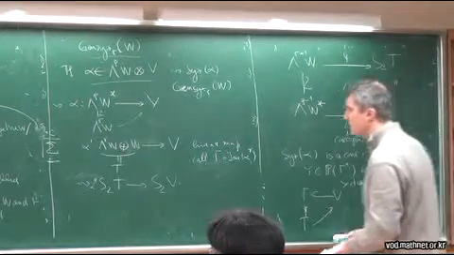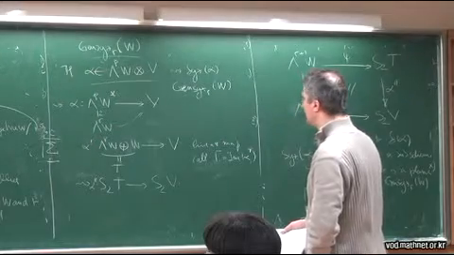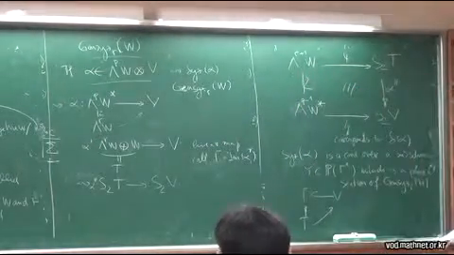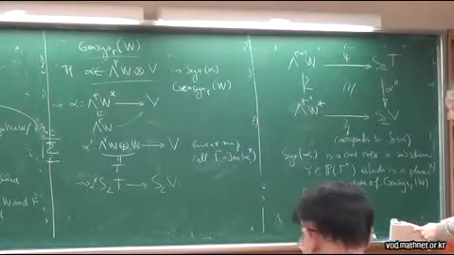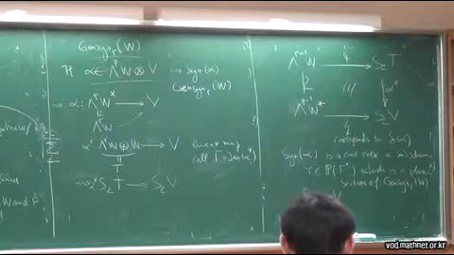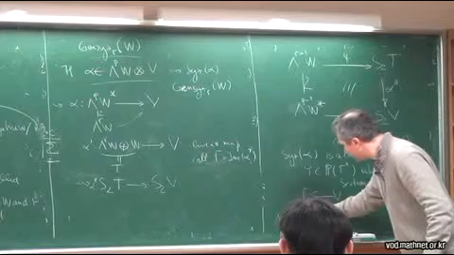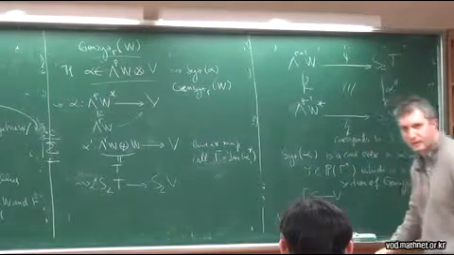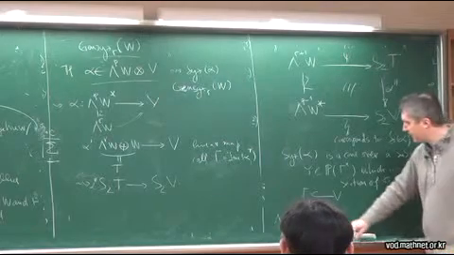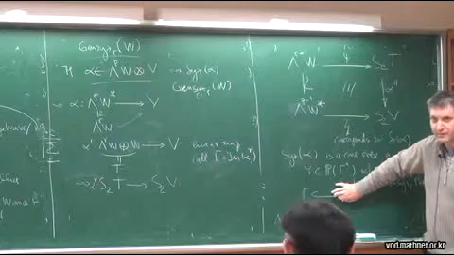Gamma is the image of this alpha prime, which is surjective. So gen SIDS is in P of T dual, the other one is here.